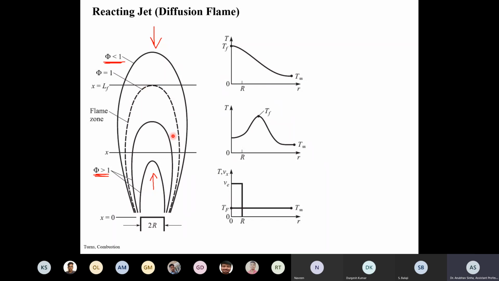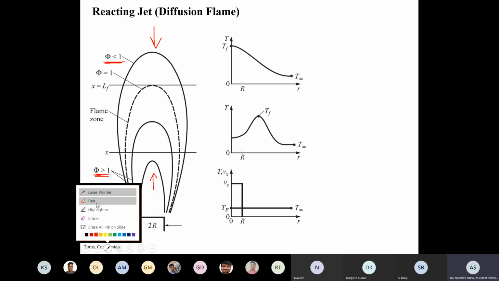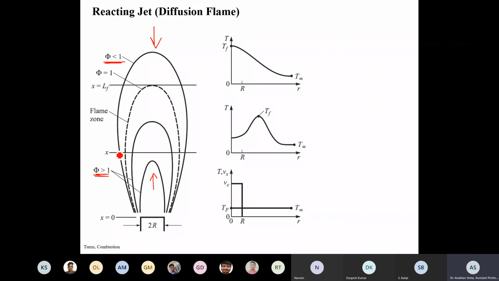If you look at the temperature, it will be T infinity, or the unburnt temperature, at this location, at the exit. If you go a little up, I am cutting here. Suppose I am taking a cut section here, where should the flame temperature be maximum?